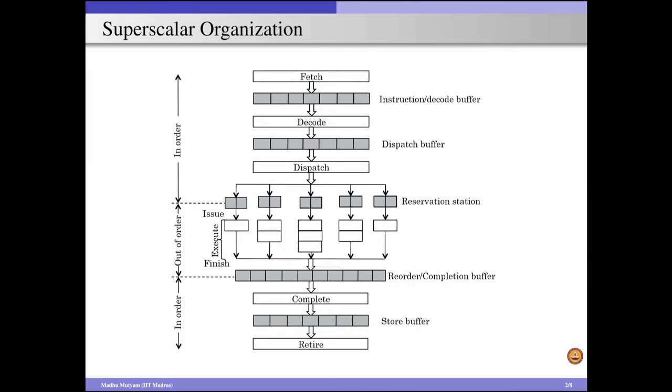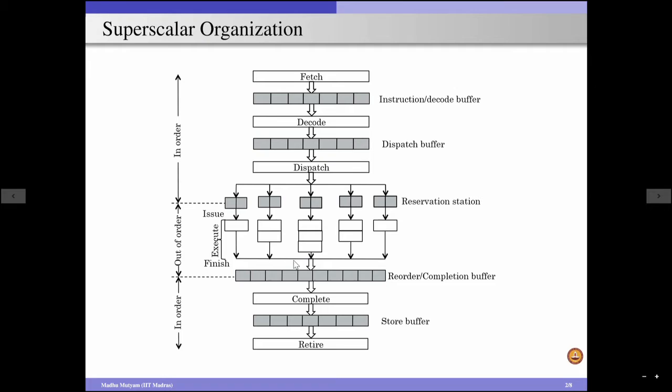So that's the reason why, in this Superscalar processor organization, the fetch stage, decode stage and dispatch stage are working in an in order fashion, whereas the selection of instructions from the reservation station to be issued to the functional units happens in an out of order fashion, and the execution of these instructions happens in an out of order fashion on the functional units.